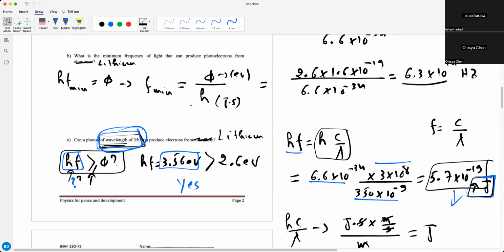Maybe you just calculate it somewhere else, but you don't show it. No, you tell me. At least write, okay, the energy of the light is 3.56 electron volt, which is bigger than 2.6 electron volt. Yes. Okay.